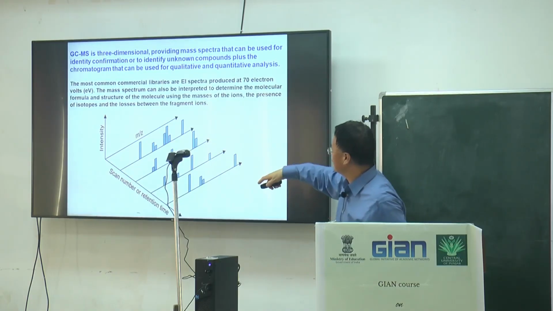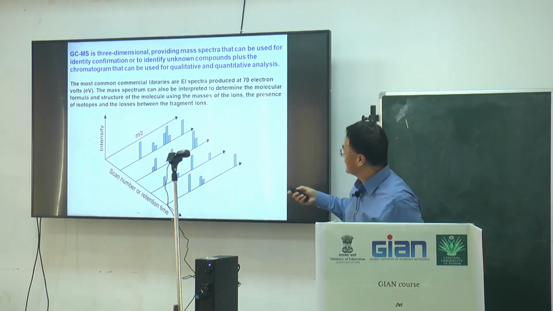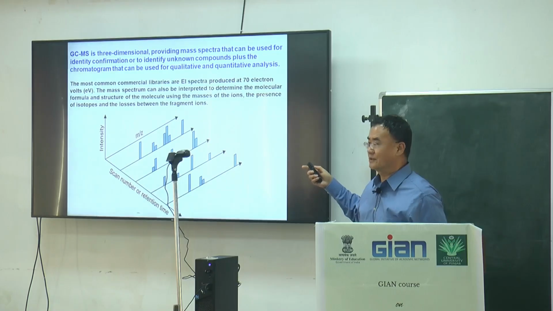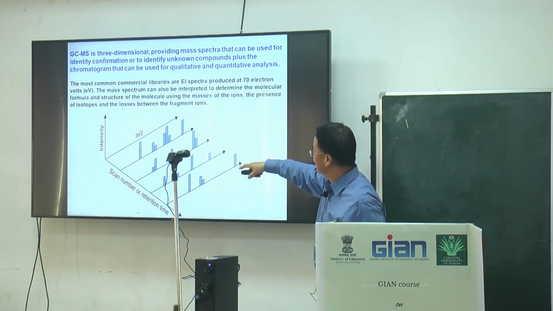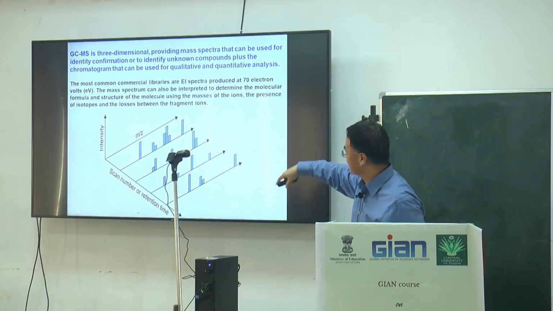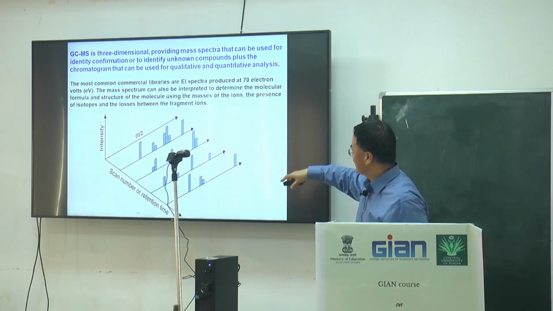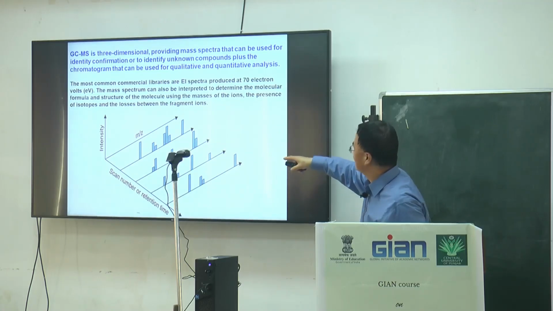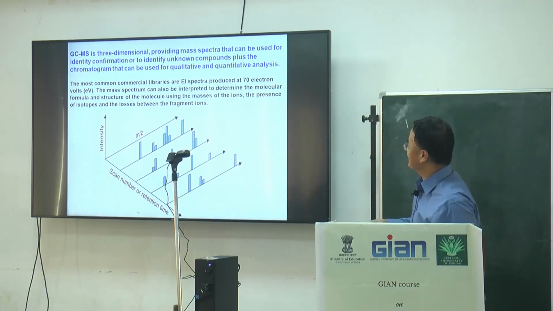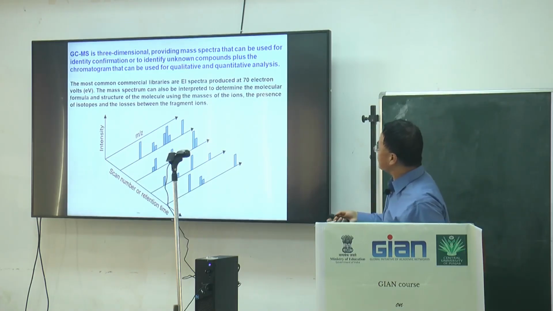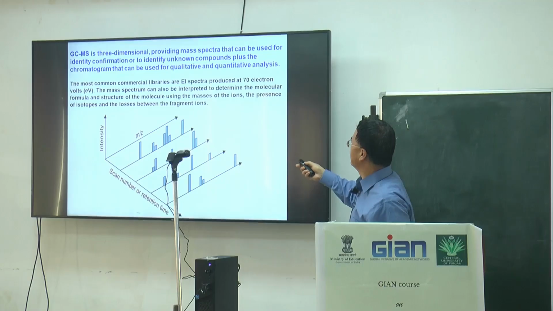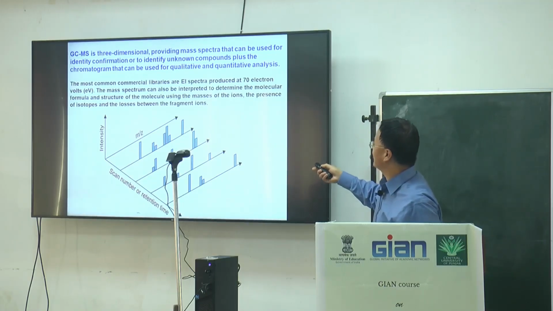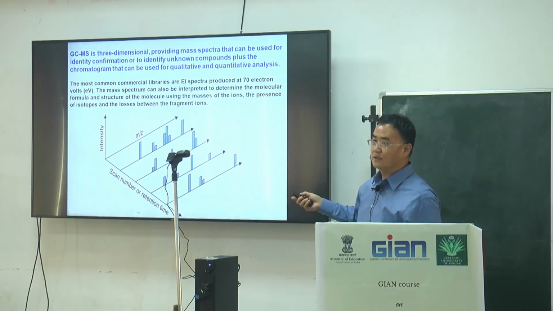GCMS gives you the core output, the mass spectrum. This figure shows the intensity, scan number, retention time, and also the mass-to-charge ratio. You also have a very common commercial library with the electron ionization spectrum produced at 70 electron volts.